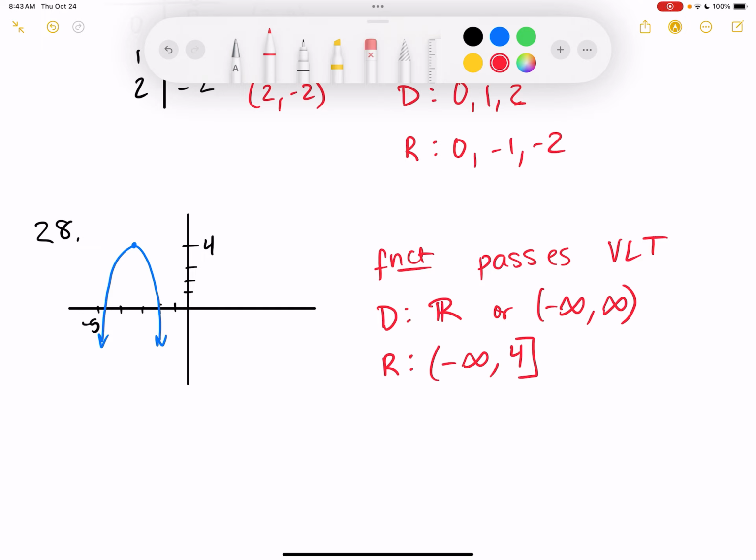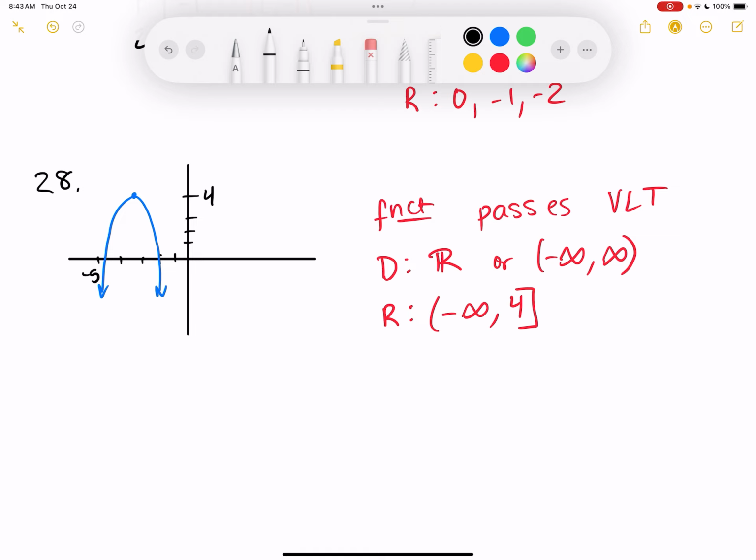Let's see, one more of those. That's a graph, number 30.